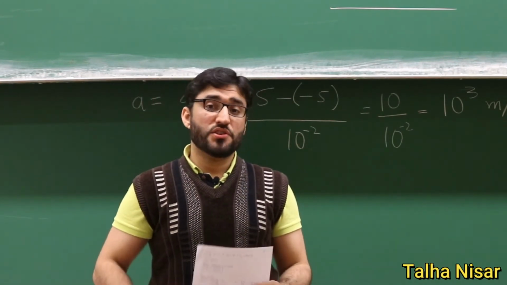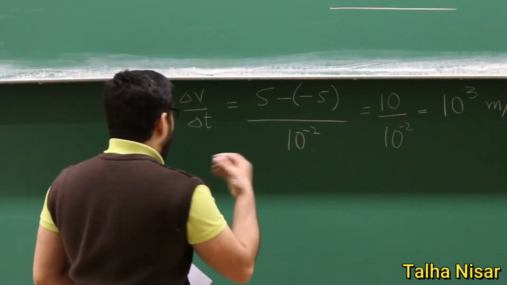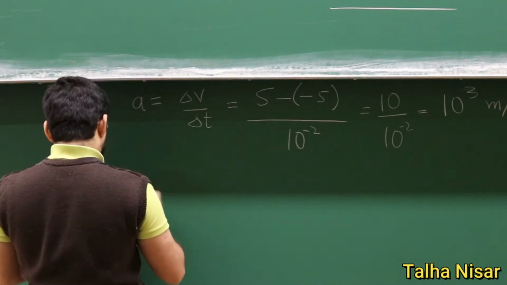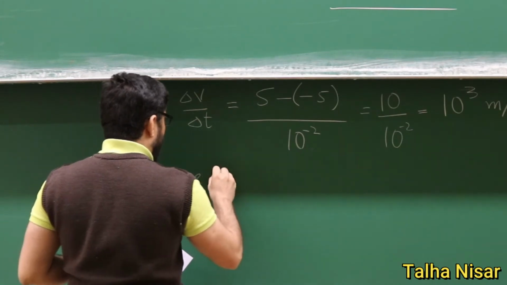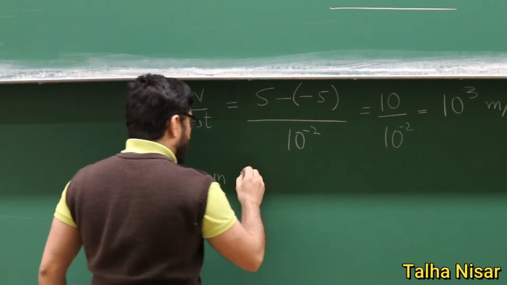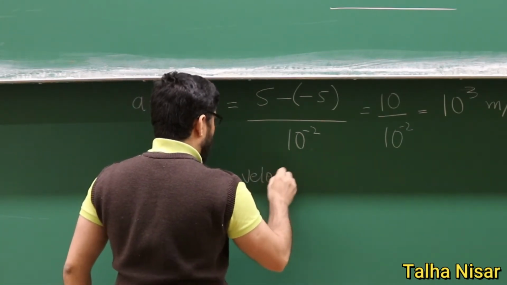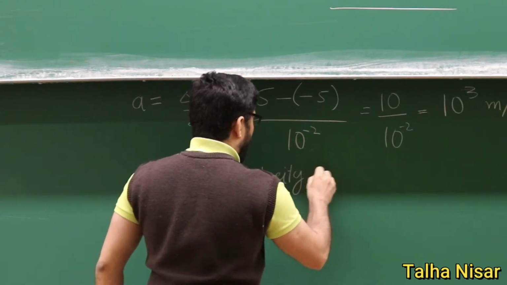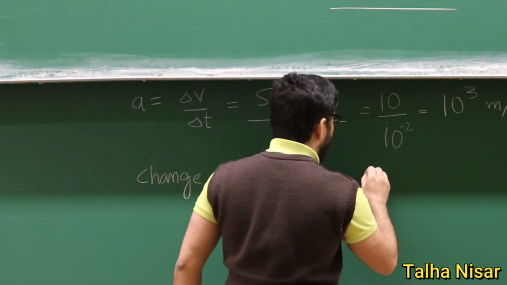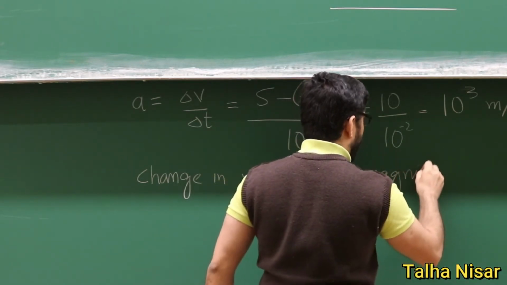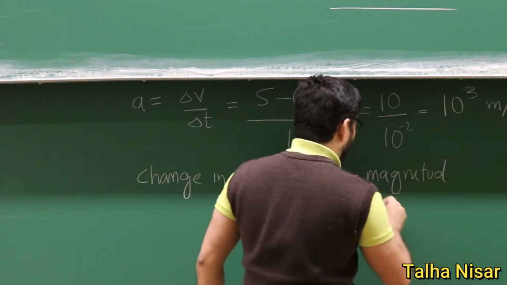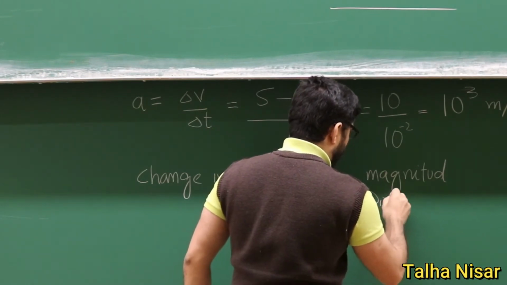Now we said that the acceleration is the change in velocity with respect to time. Since the velocity is a vector, a change in velocity could mean that the change can be in the magnitude or direction.